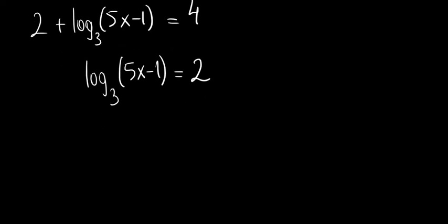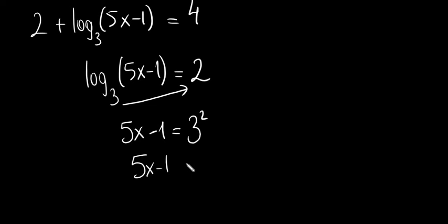And then we're going to do the same thing. We're going to take 3 to the power of 2. So 5x minus 1 is going to be equal to 3 to the power of 2. 3 squared is 9.